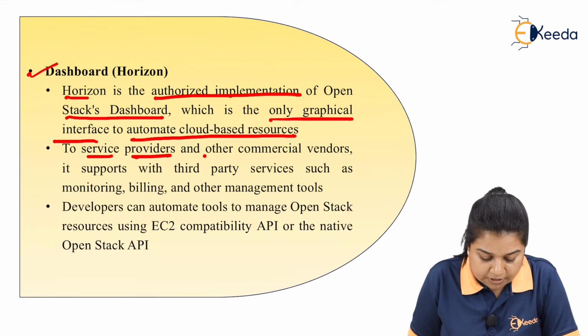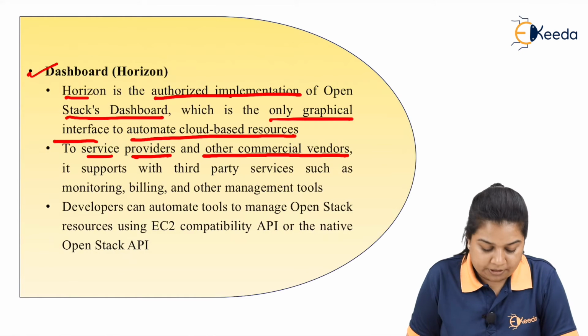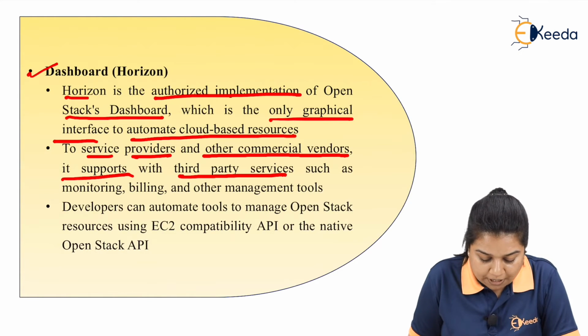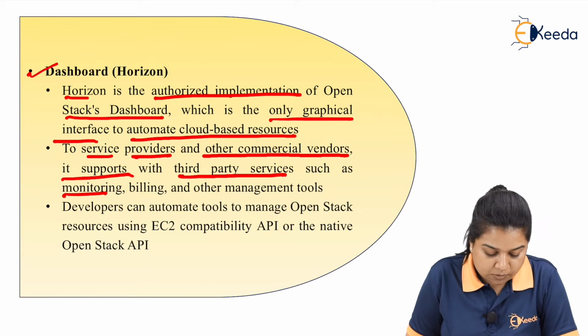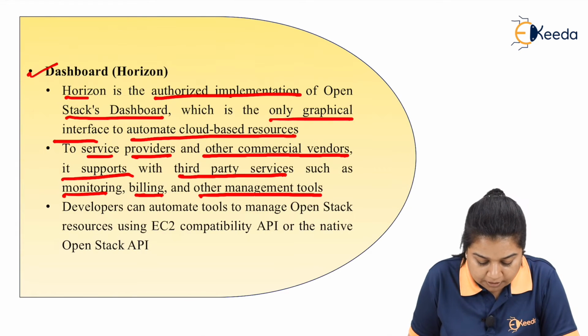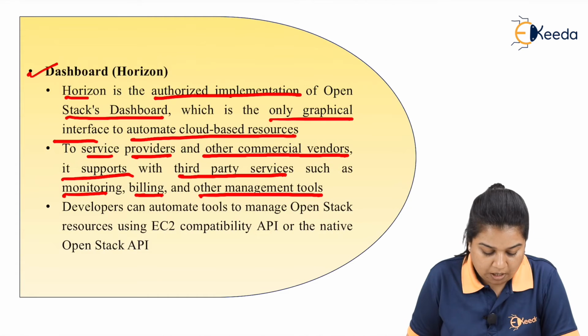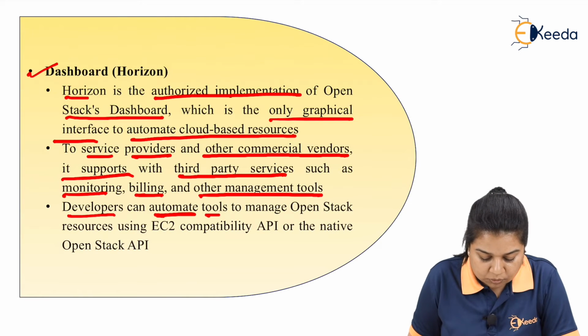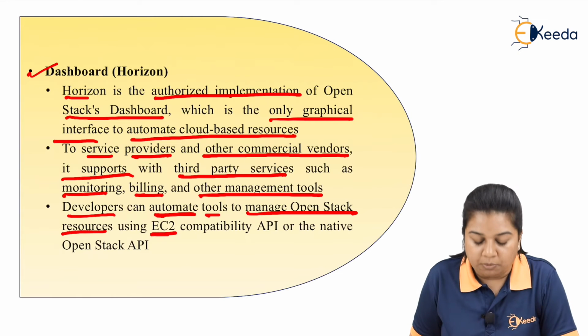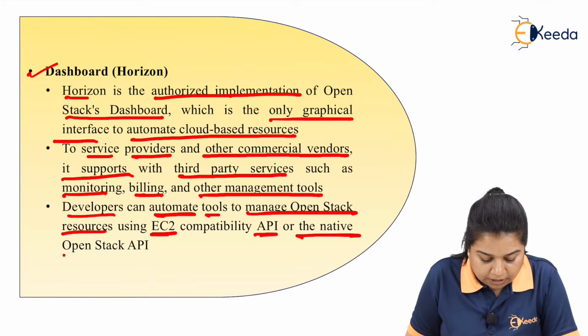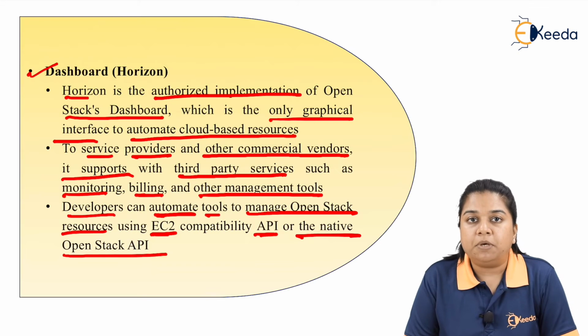For service providers and other commercial vendors, it supports third-party services such as monitoring, billing, and other management tools. Developers can automate tools to manage OpenStack resources using the EC2 compatibility API or the native OpenStack API.